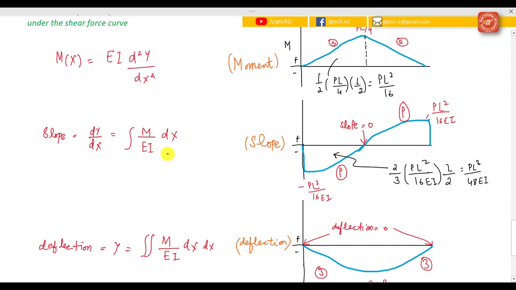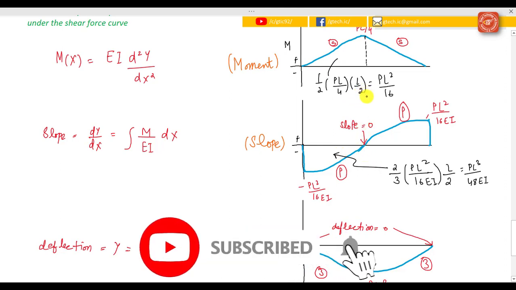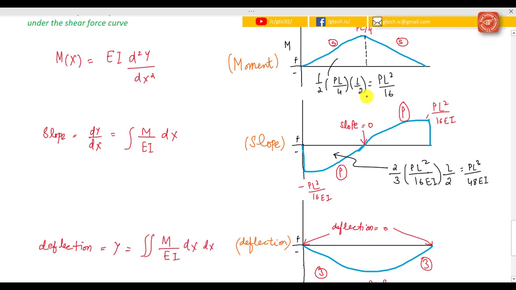So what I want to do now is come up with what we are going to call the slope diagram, and the slope diagram is going to be the area under the moment diagram and will be the change in the slope. So you can see the area from this point to the center under the moment curve is PL squared over 16 because it's a triangle.